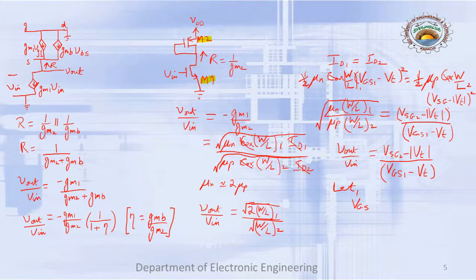So here half is cancelled, Cox is cancelled. This is, by the way, W by L of 1, this is the W by L of 2.